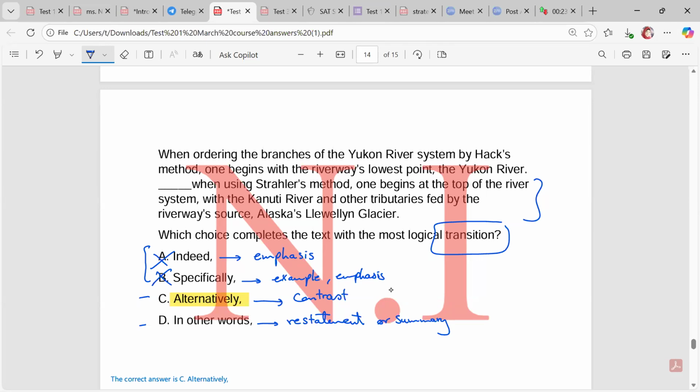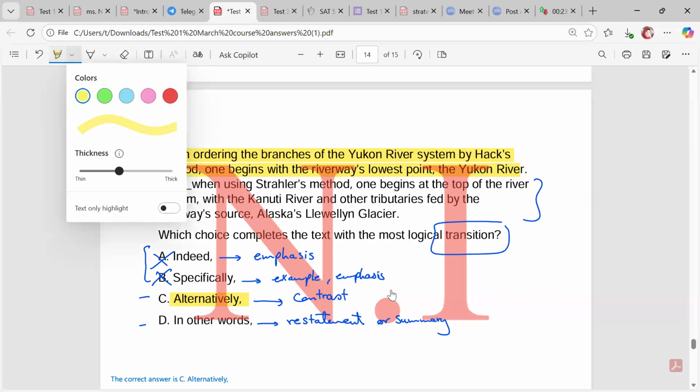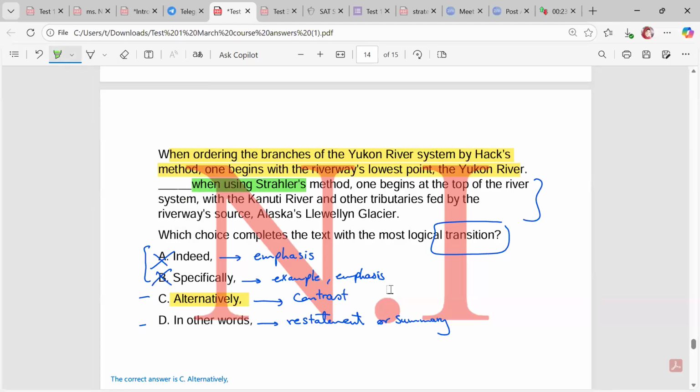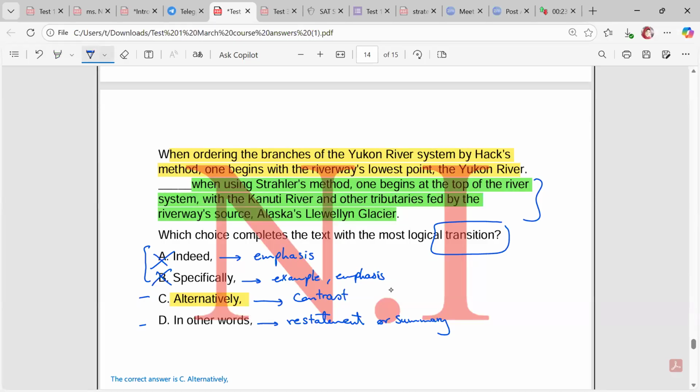Otherwise, you won't be answering these questions smoothly. Now, my mission is to find the relationship between this sentence and the sentence that has the blank. Whether these two sentences are introducing two different things, or this one is a summary of this one.